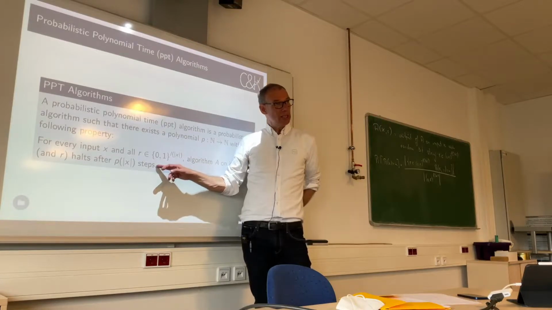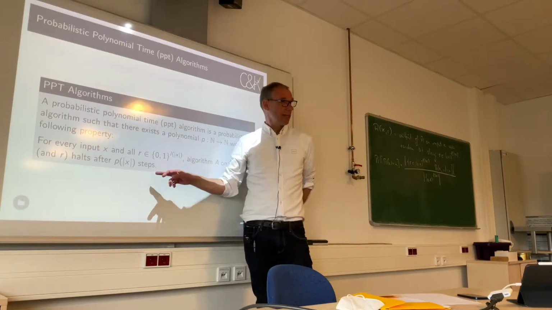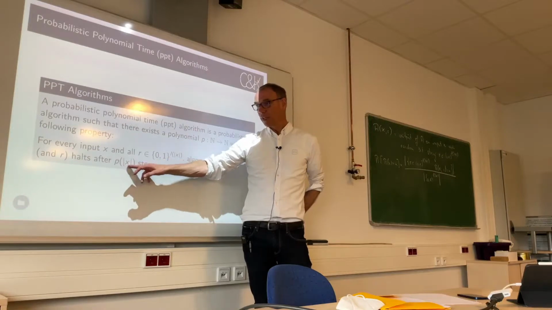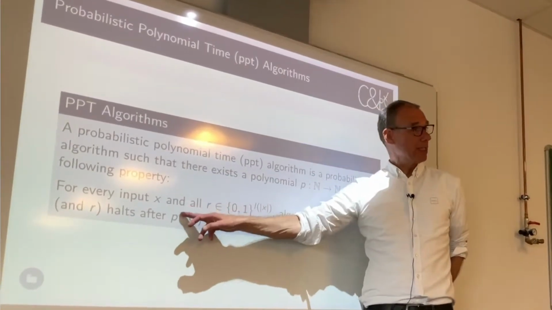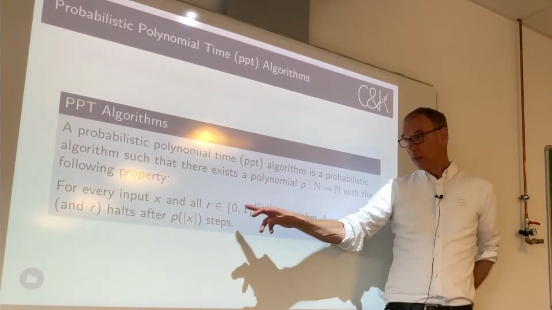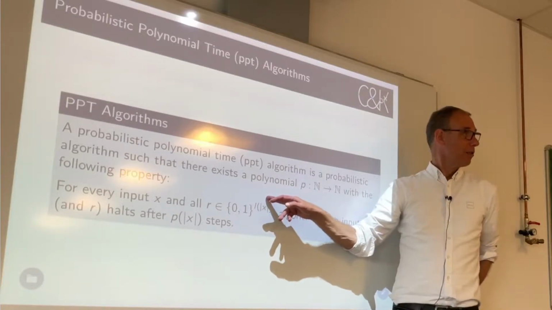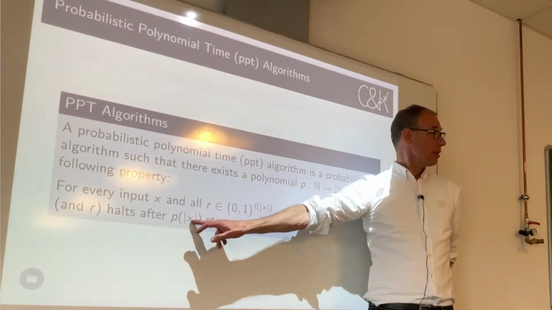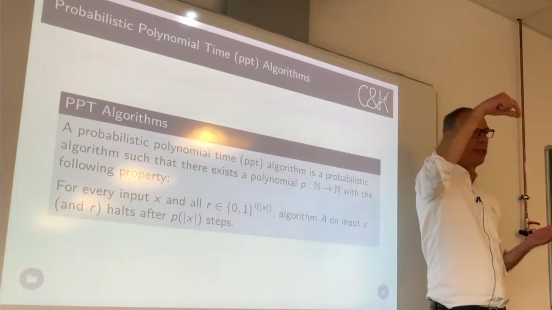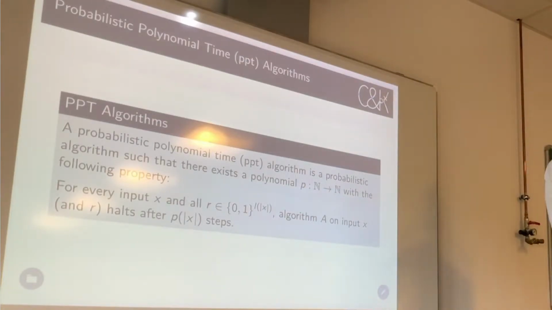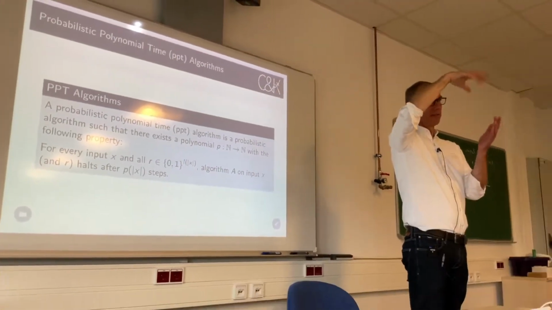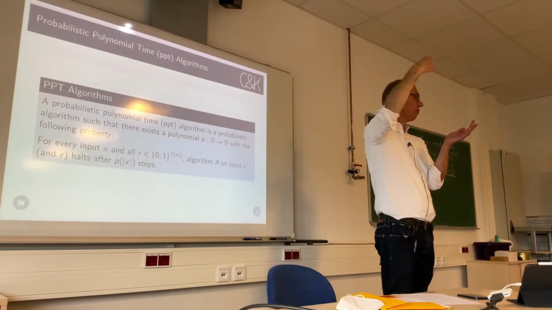If you look at this and think about it for a second, maybe 2 seconds, you see that if the algorithm can only run for that many steps, then this function here must be upper bounded by this here, because it cannot read more bits than it has time. Reading a bit from this thing is one time step.